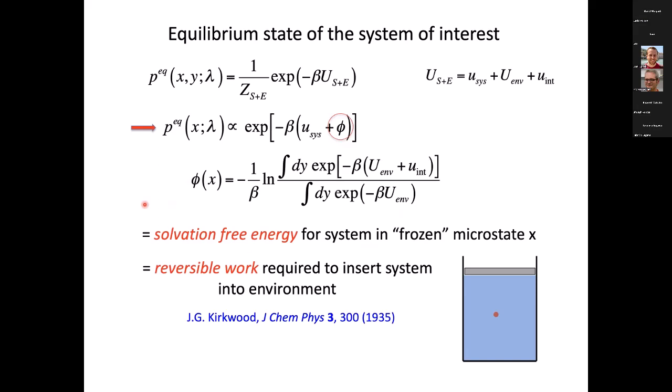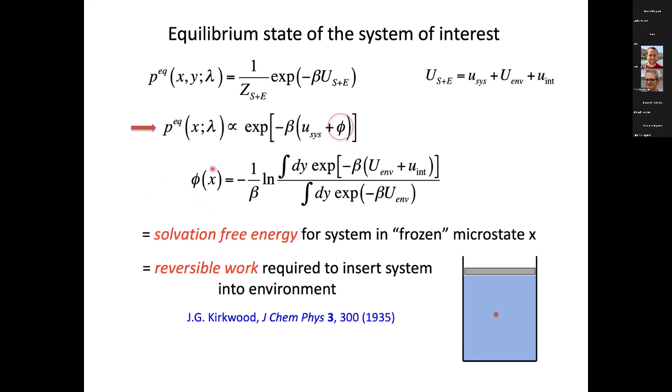That free energy is just the reversible work that I need to do to place that molecule in water. And that work mostly is associated with pushing the water molecules out of the way so that there's a cavity large enough to accommodate my molecule.